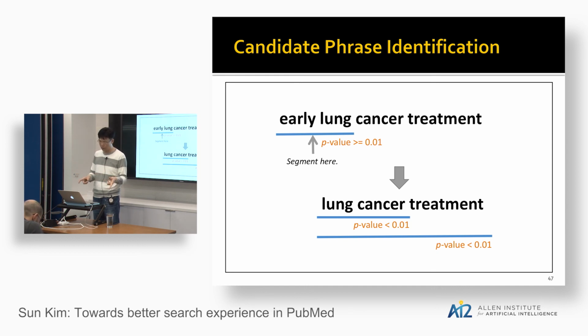In PubMed, early and lung doesn't produce a p-value lower than 0.01, so we segment and move on to the next two words, lung and cancer. We apply the hypergeometric test, and lung cancer is a quite significant pair in PubMed, so we merge them. We do the same computation between lung cancer and treatment. After segmenting these texts, we get lung cancer treatment as a good phrase, so we add this phrase to the set.